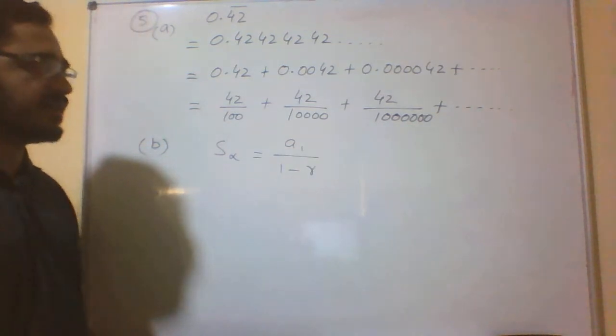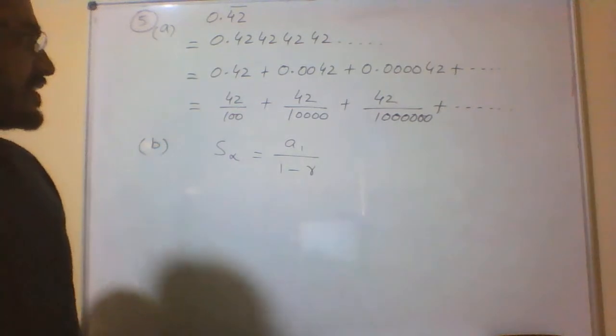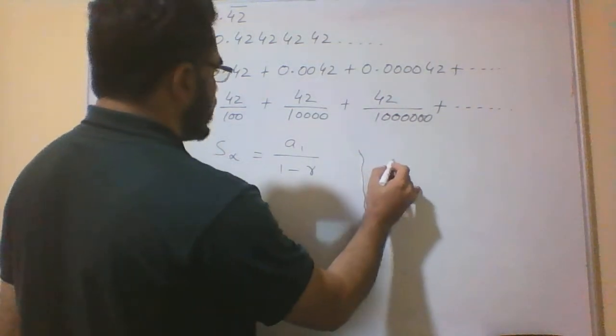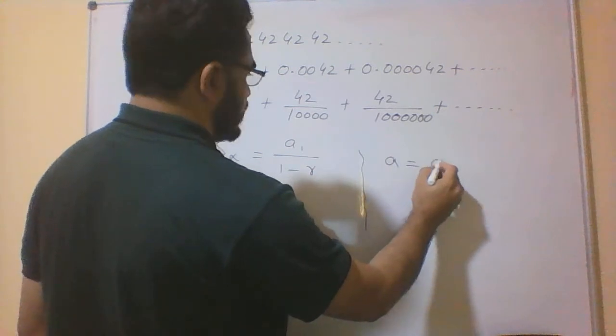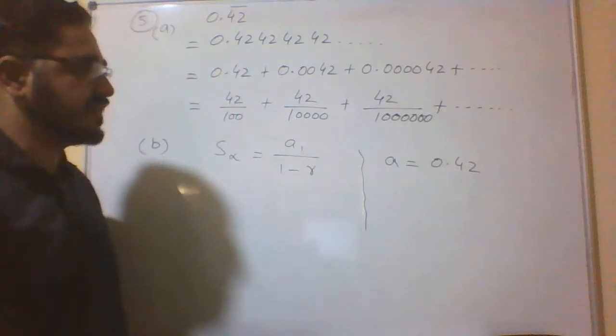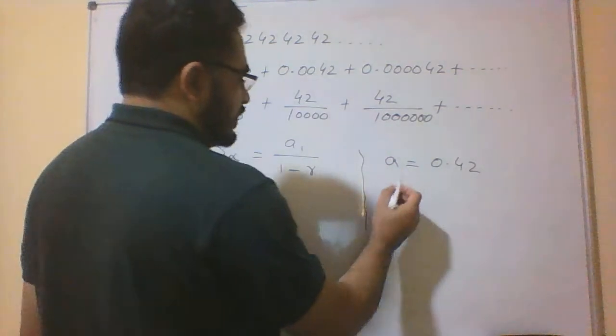A1 is the first term of this series and r is the common ratio. Here the first term a1 we can say is 0.42 or 42 divided by 100. Anyone we can write.